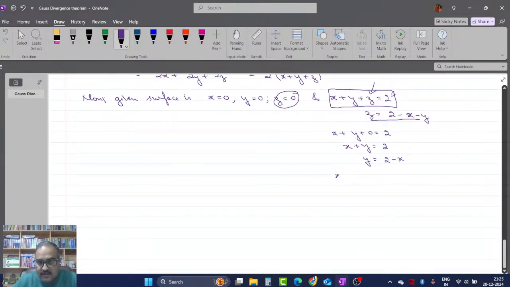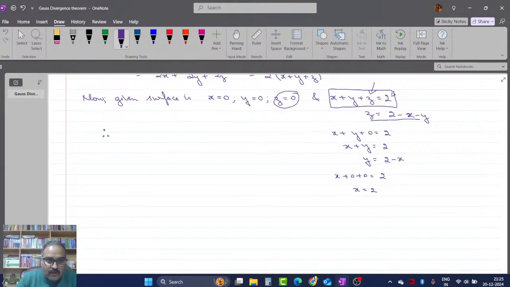And the third part is x plus 0 is equal to 2, so x is equal to 2. So what were the variations? x will be varying from 0 to 2, y will vary from 0 to 2 minus x, and z will vary from 0 to 2 minus x minus y. So these will be your limits.